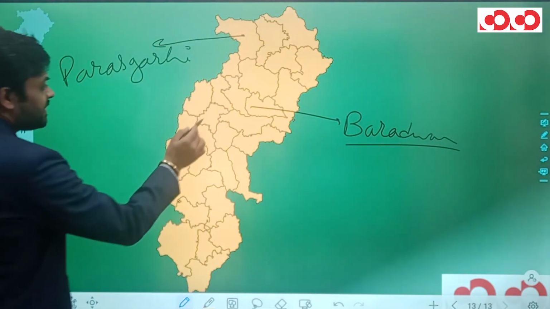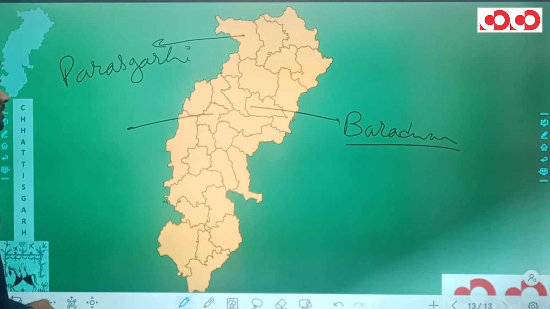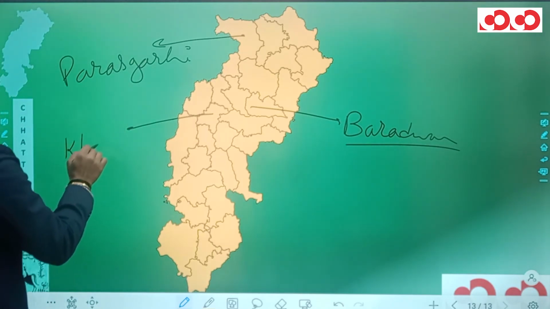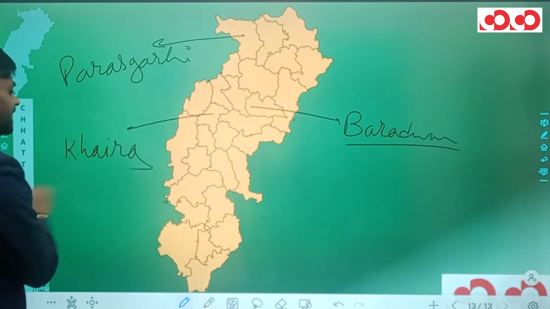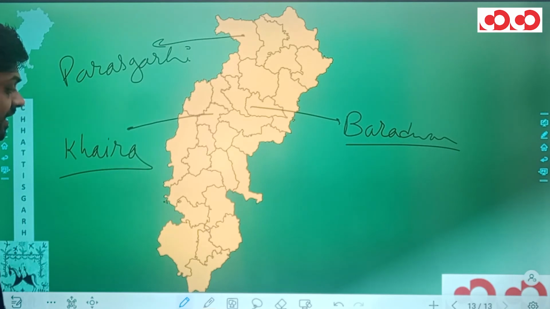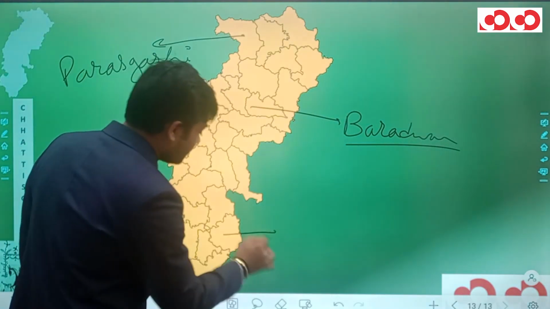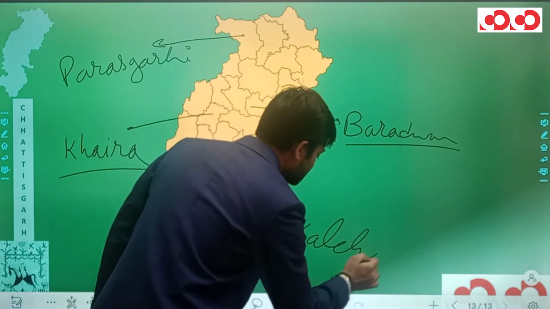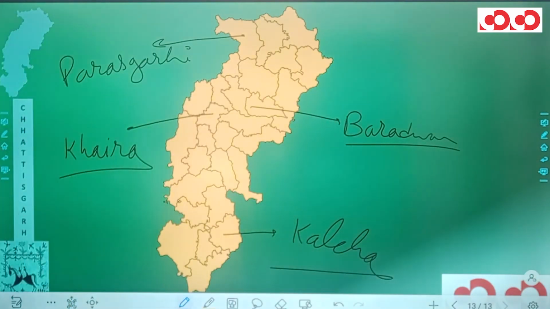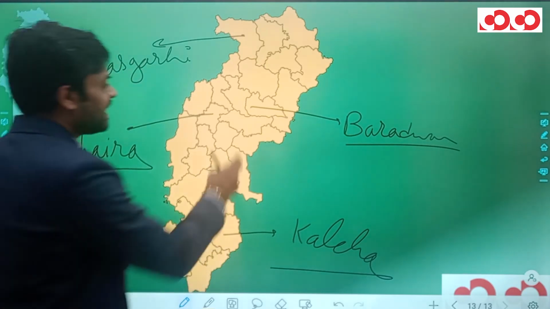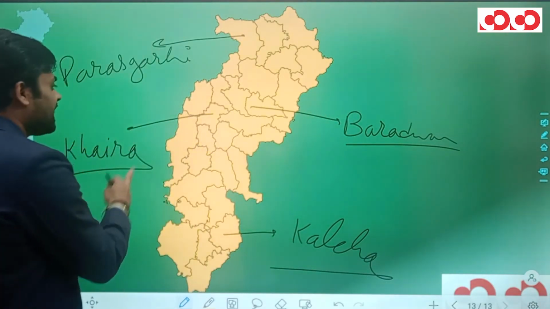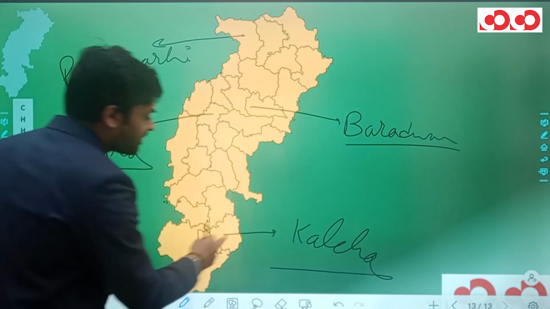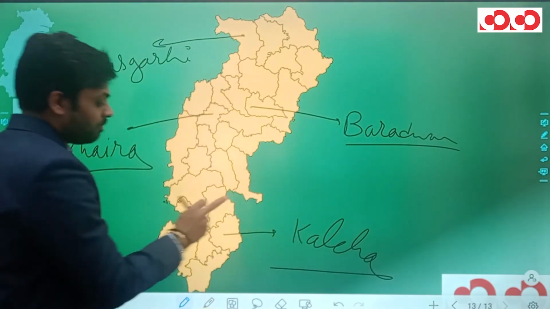Now, in this Bemetara district of the Durg division, we have Khaira industrial area, and finally in this Bastar district of the Bastar division, we have Kalcha industrial area. So we have Parasgarhi in Korea, Baradwar in Janjgir Champa, Khaira in Bemetara, and Kalcha in Bastar.